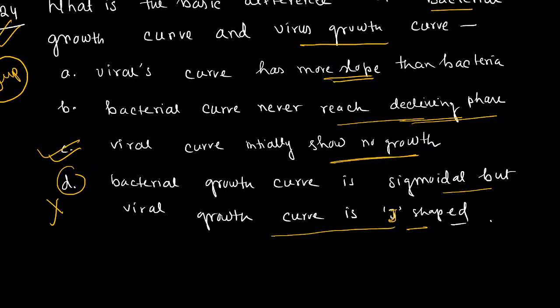They just do whatever they want to do, and then they leave. Yes Aman, it's C: the viral curve initially shows no growth. If you look at the virus growth curve carefully, there is no growth initially, and suddenly when their every system is ready, they burst out.